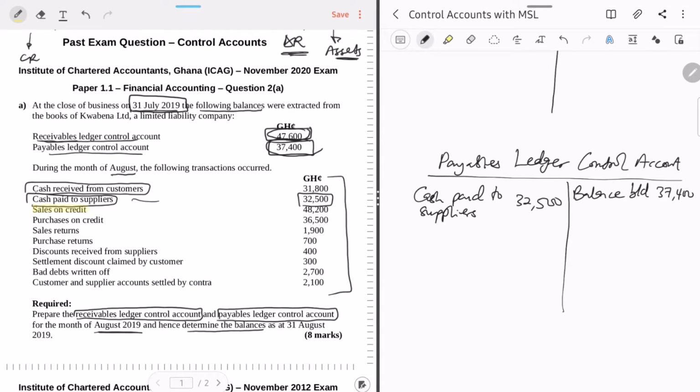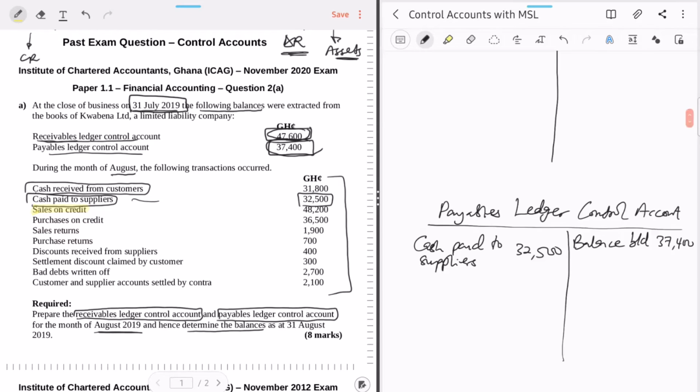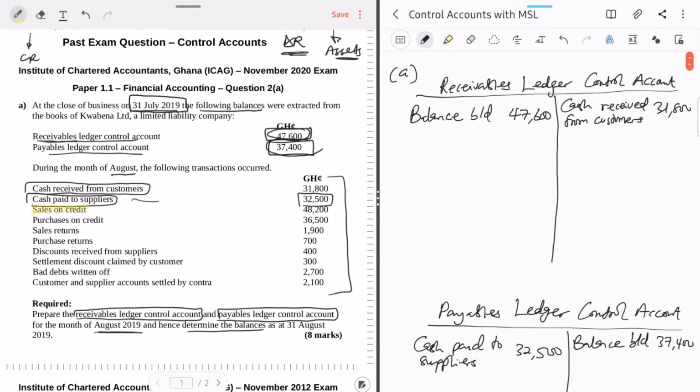Sales on credit. When I sell on credit, what is a double entry? When you sell on credit, remember, you credit the sales account when you sell, and then you debit the receivables account or the debtors account. Agreed? So if I will credit the sales account and I will debit my receivables account, then I'm saying that this account, which represents the mirror image, this receivables ledger control account, I will clearly come here and I'll debit.